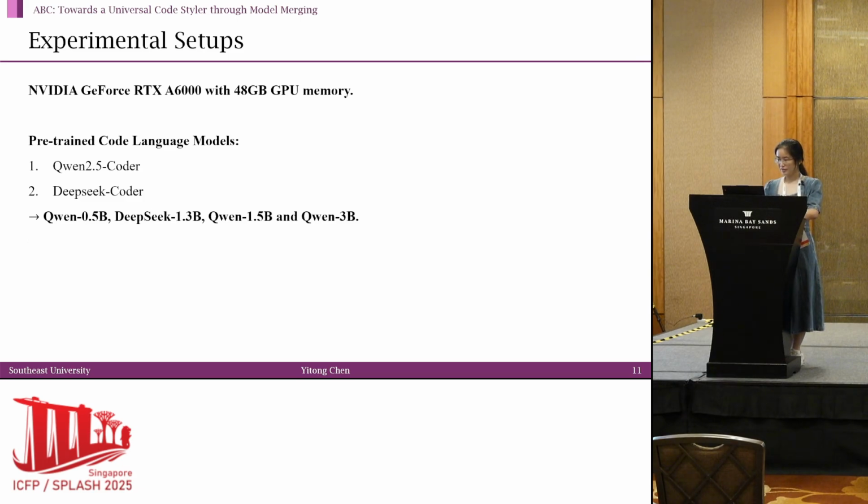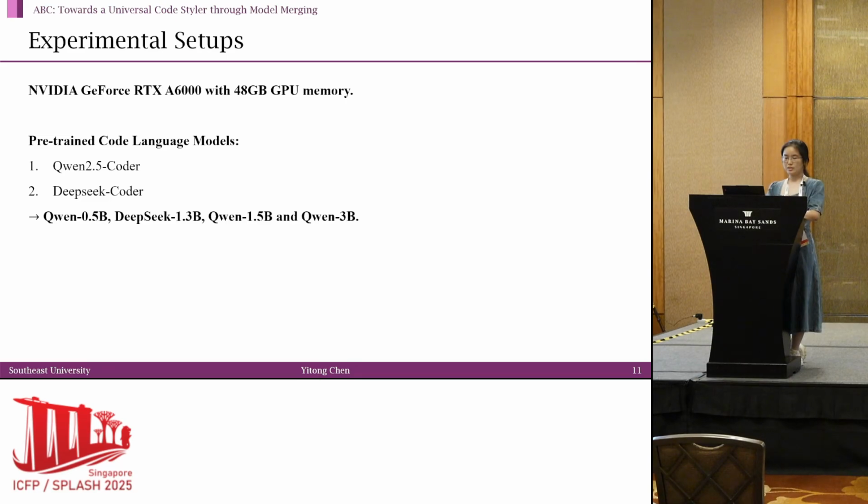So finally, we conduct experiments on the proposed evaluation metric and framework. We conduct our experiments on one NVIDIA GeForce RTX A6000 with 48 gigabytes of GPU memory. We use 4 pre-trained language models from 2 families of code language models: Qwen coder and DeepSeek coder.